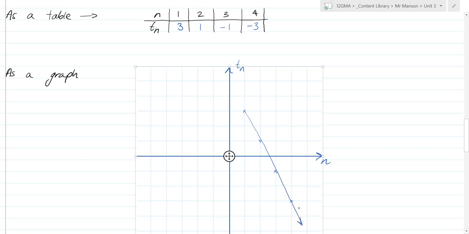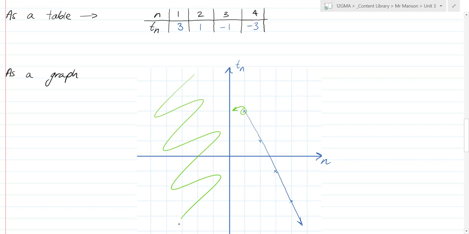It goes off in the right-hand direction, so right and down, but it doesn't go back in the left-hand direction because n starts at 1. But what you might see on occasions is that sometimes we start with term 0 and it starts on the y-axis. That's all right, but you'll never see it go into here. It'll never happen. So that's how we sketch it.